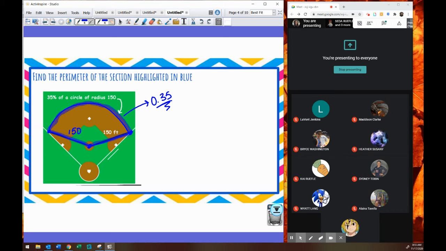It's tricky. That line is supposed to represent that blue line. The blue line's not very good, but it's going straight, so it's not so long. Yep, this is 35% of a circle.